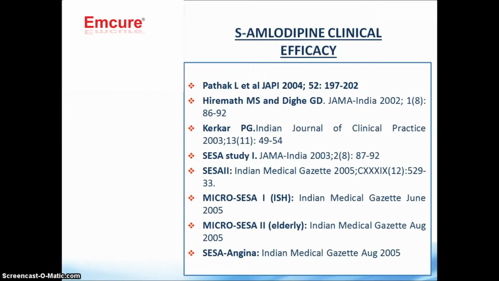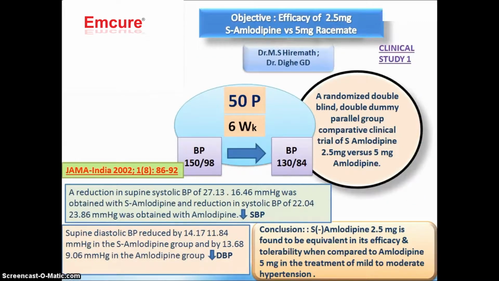So let's talk about these important clinical studies which have been conducted by MCure. The first study we are going to talk about is the small clinical study done by Dr. M.S. Hiremath and Dr. Dige, and the objective of this study was to establish the efficacy of 2.5 milligrams of S-amlodipine versus 5 milligrams of the racemate.